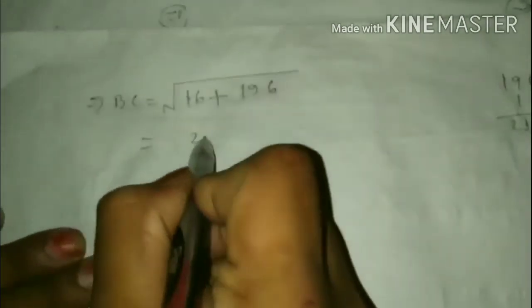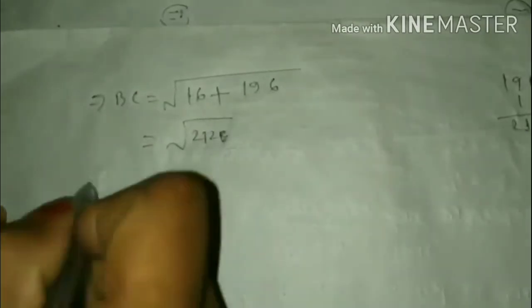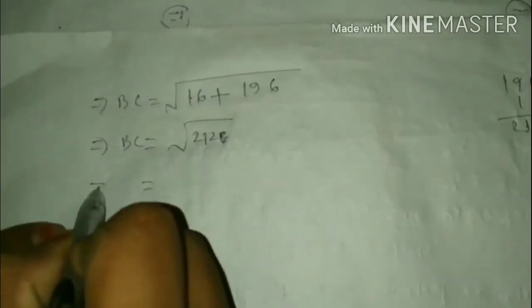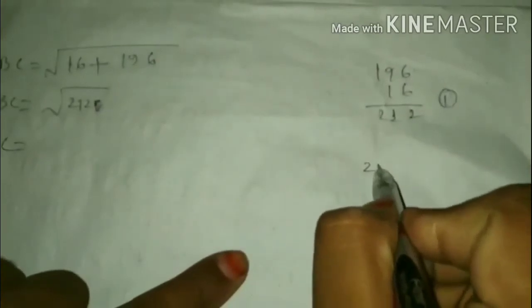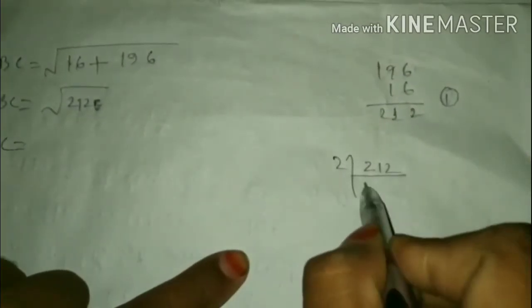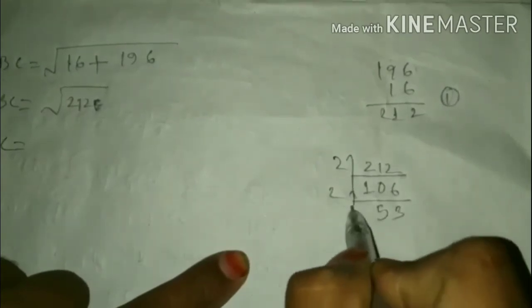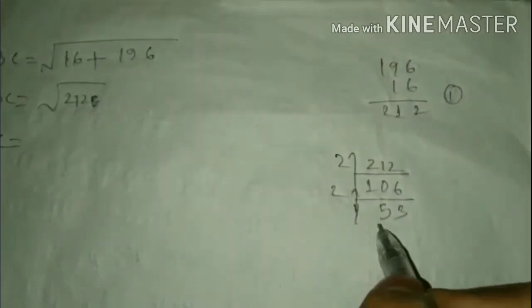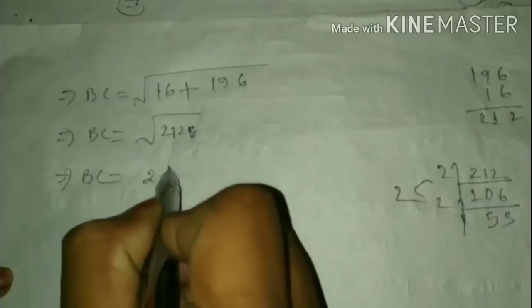So this will be root over 212. You can find the square root: 212 is 2 times 106, which is 2 times 2 times 53. 53 is a prime number, I think. So it will be 2 root 53.